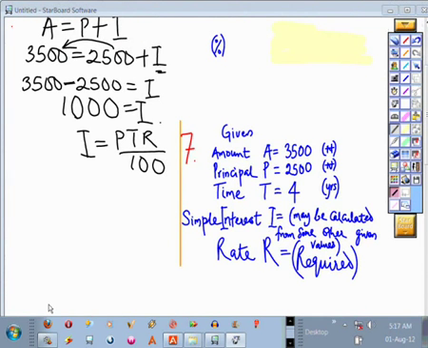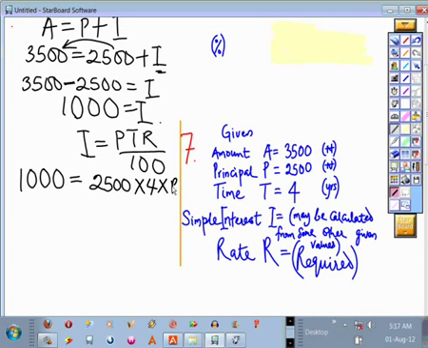And we have I, having obtained that to be 1,000, we write it to substitute I. Then P as given is 2,500. Then the time T is given as 4. And of course, we have the required R. Everything here over 100. And of course, the zeros cancel out here.